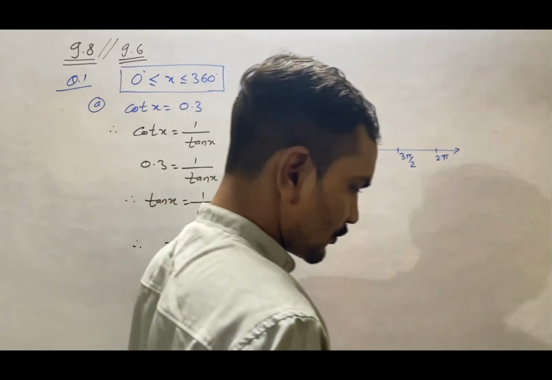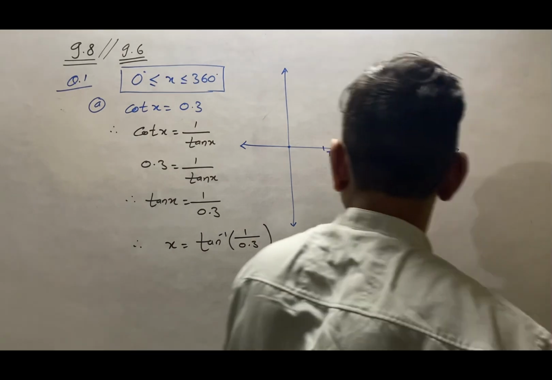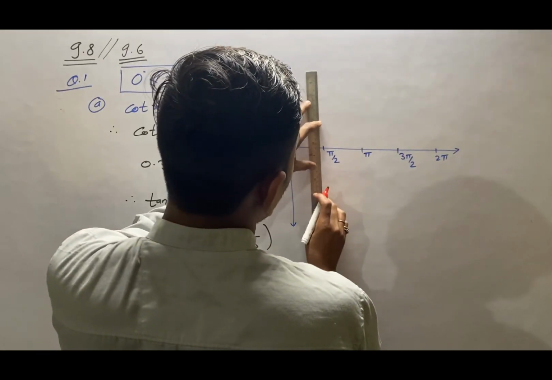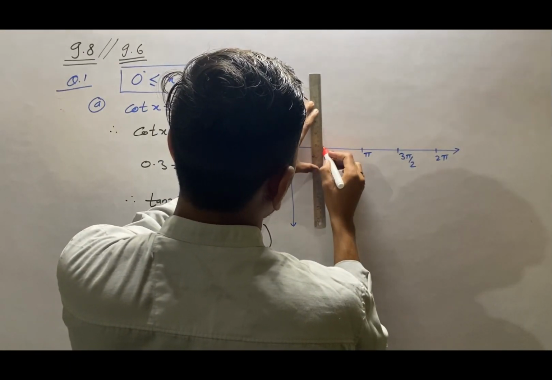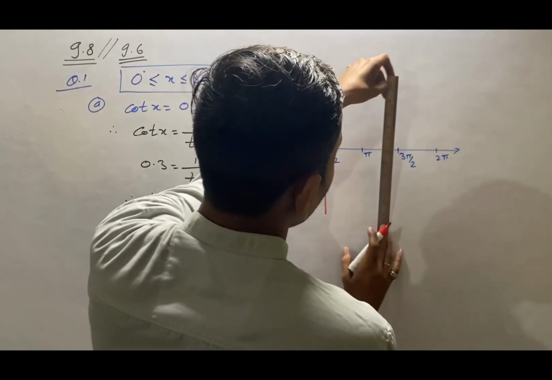So let's draw an asymptote line on pi over 2 and 3 pi over 2.